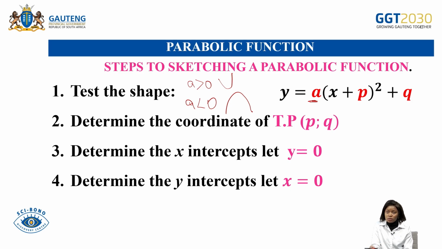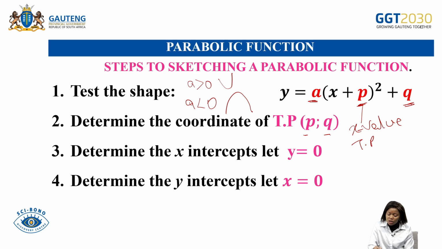Ne? And then your turning point, the coordinates of the turning point, as I had already explained, are given by (p, q). So it means this value of p is the x value of the turning point, the x value of the TP.